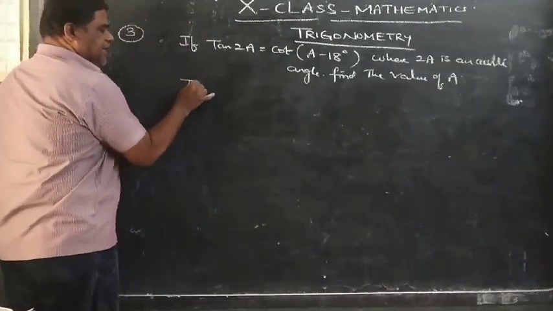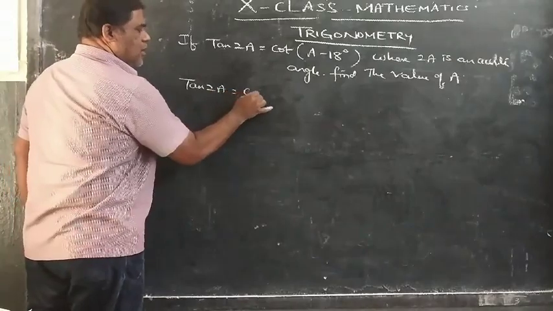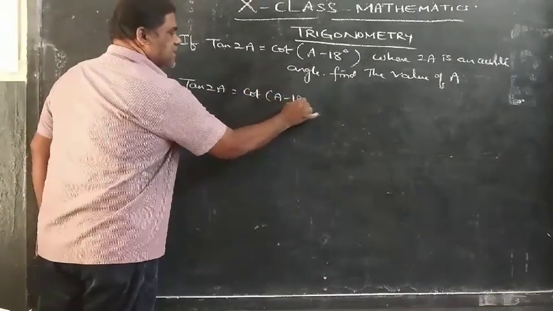Here the condition given is tan 2a is equal to cot a minus 18 degrees.